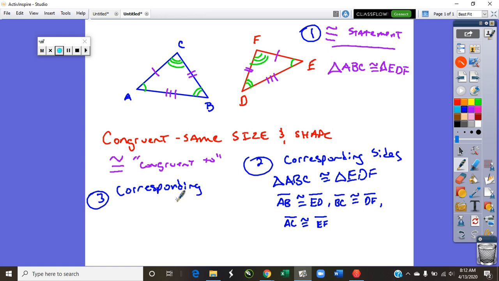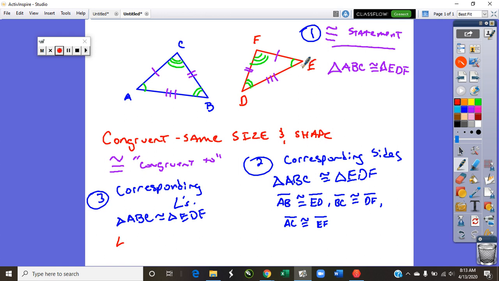Corresponding angles. Let's again bring down that congruent statement that we made earlier. Triangle ABC is congruent to triangle EDF. What's the first angle here?